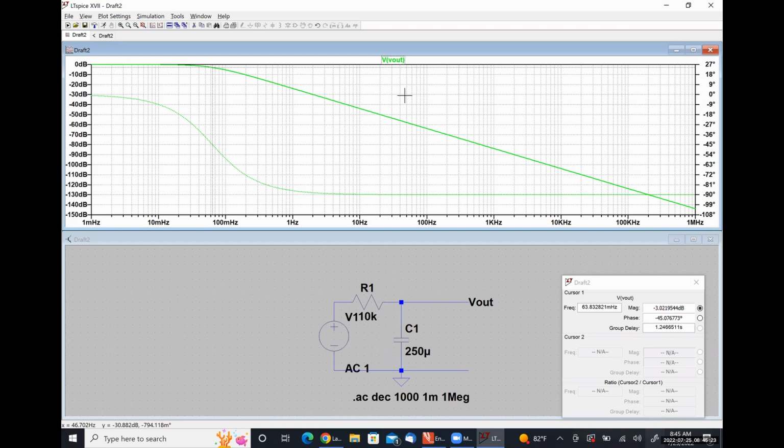So that's 10 kilo ohms, so 10 times 10 to the 3 multiplied by 250 times 10 to the minus 6. And what I get is 0.4. Okay, exactly 2/5.